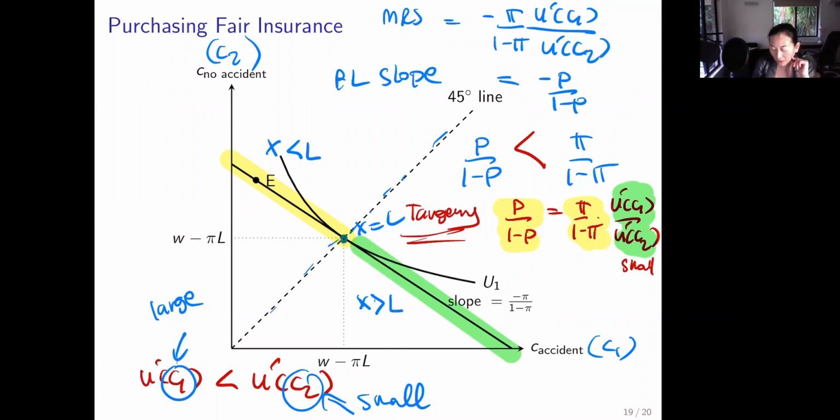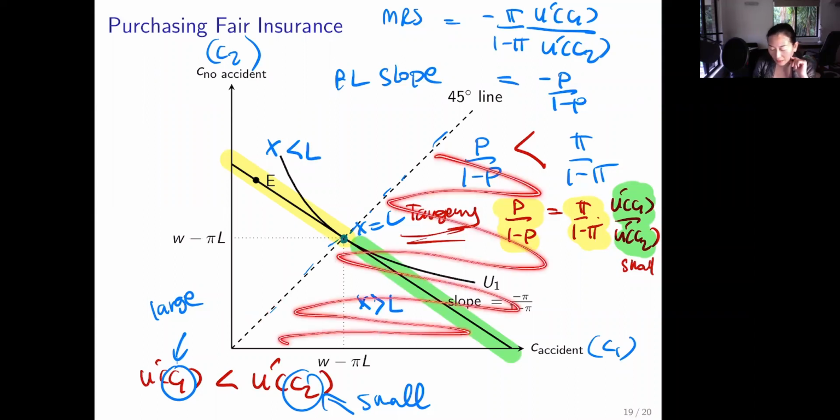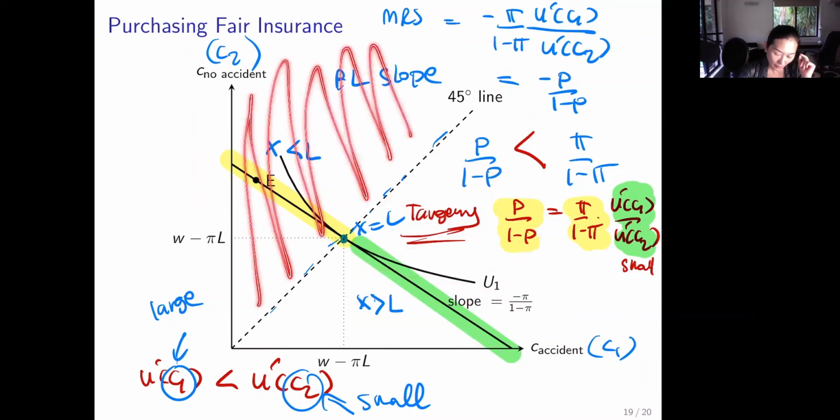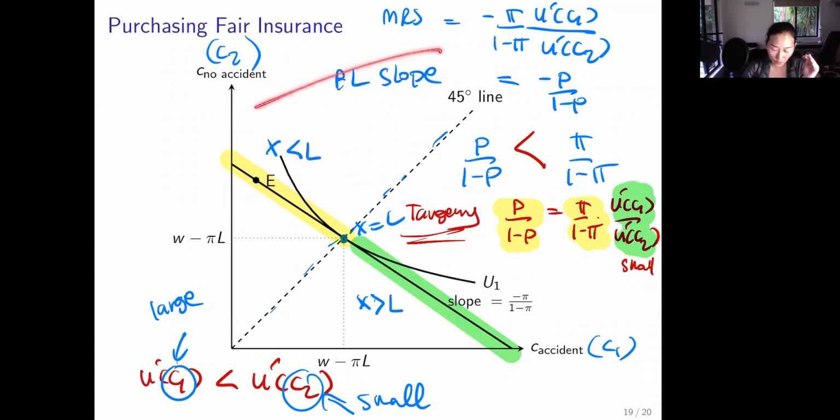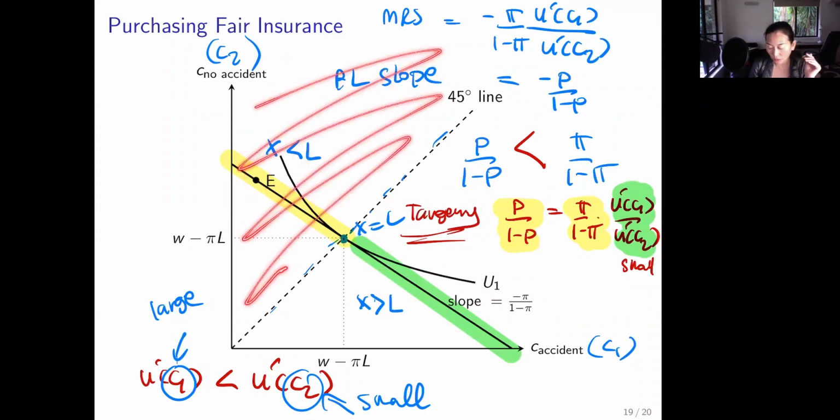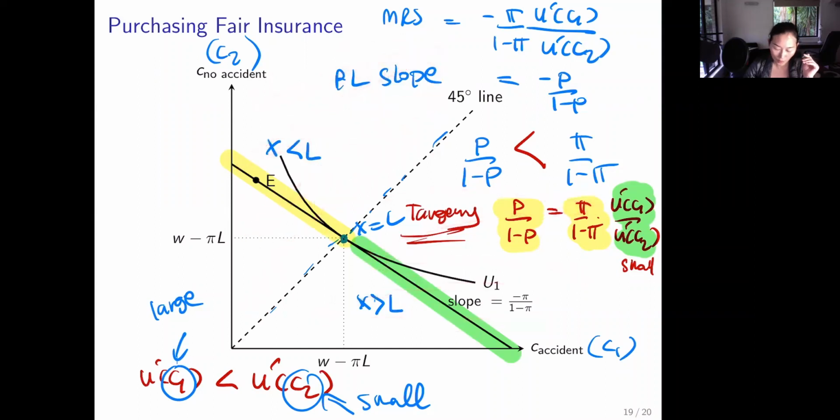Any bundle on this side, you over-insure. Any point along here, you under-insure. Choose somewhere here, under-insure. Choose somewhere here, over-insure. Anything along here, fully insure, just insuring exactly the amount of the loss.